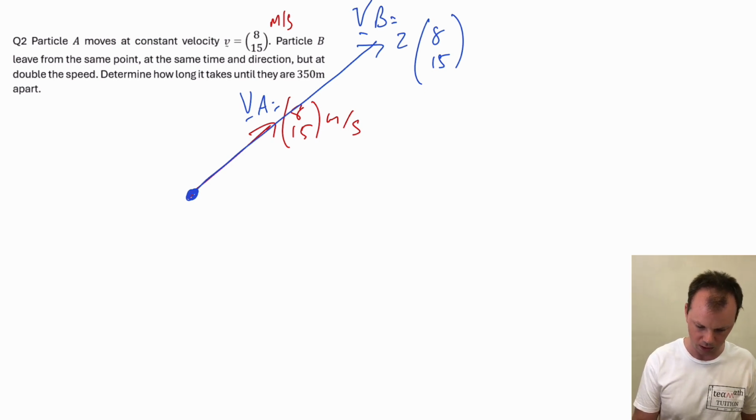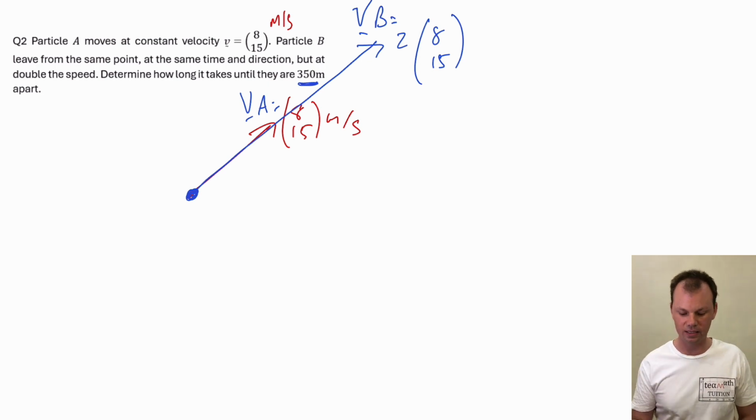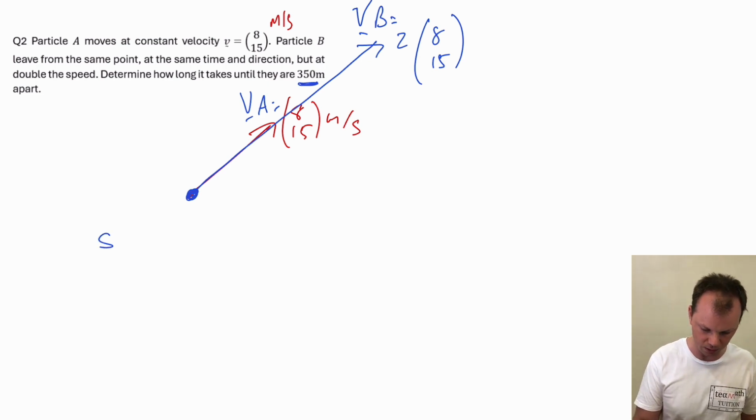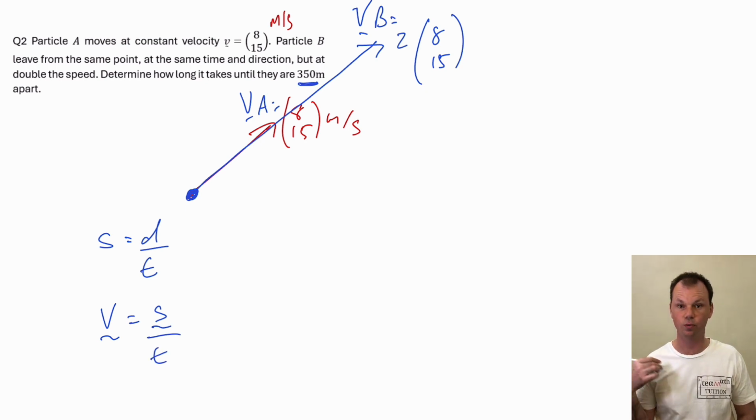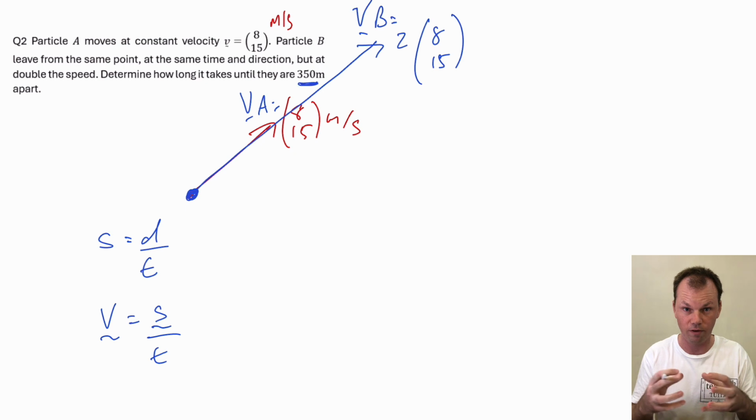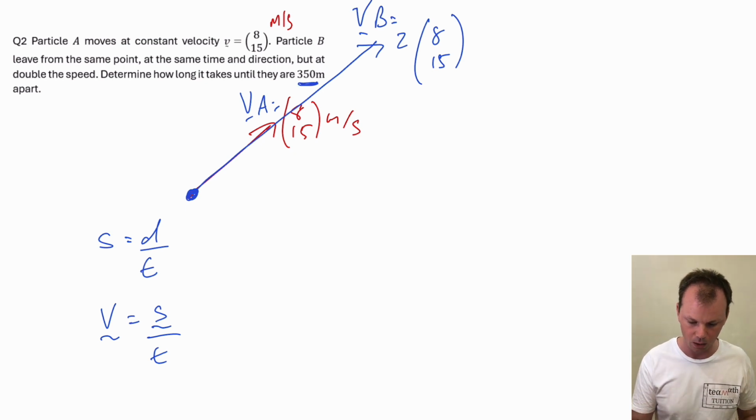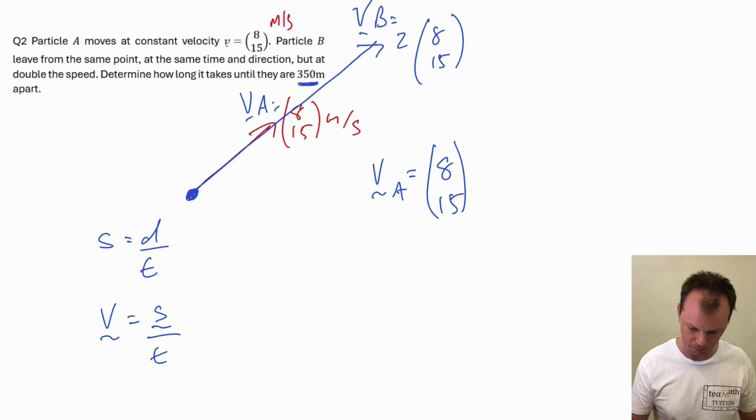Okay, so this is a distance. So if we're working with distance, we can work with this equation, speed equals distance on time. So far we've been working in velocity equals displacement over time, but we're just after a distance, so we don't need to keep all of our directions intact here. So let's work out what the speed of A is.